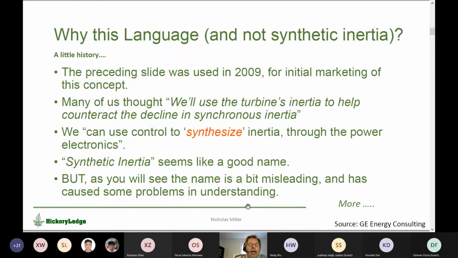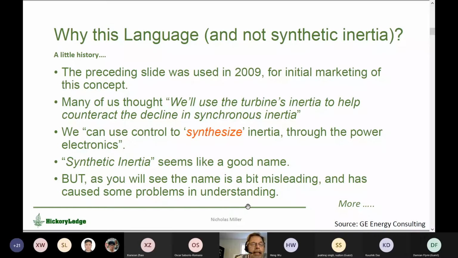So we were thinking, all right, we're going to make the turbine's inertia accessible to the grid in some fashion and deliver energy. We're going to synthesize the inertia. Let's call it synthesis. But as we go forward here, you're going to see that it's misleading, and it has frankly caused problems as the industry has learned and is experimenting and developing new controls.